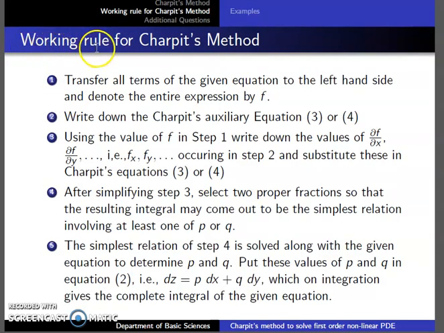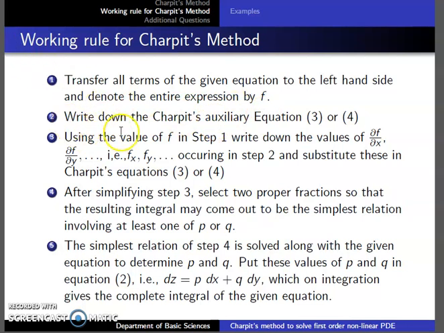Then we consider the working rule for Charpit's method. There are 5 steps. The first step is to transfer all terms of the given equation to the left hand side and denote the entire expression by f. That is, if there is any term on the right hand side, transfer all the terms to the left hand side and denote that by f.